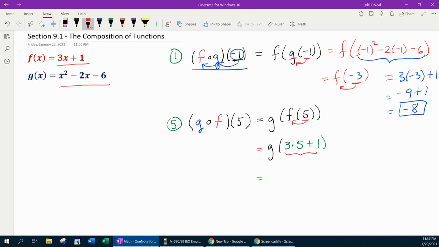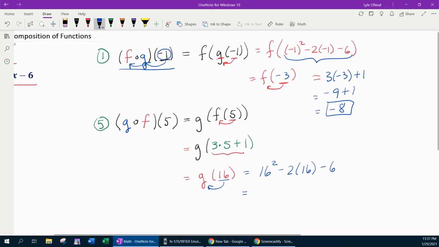And so now we need to calculate g of 16. And what that means is now we're going to plug 16 into g, replacing every x with 16. That's going to be 16 squared minus 2 times 16 minus 6.